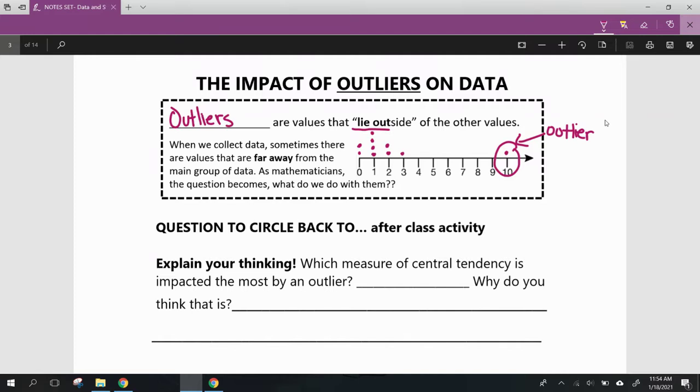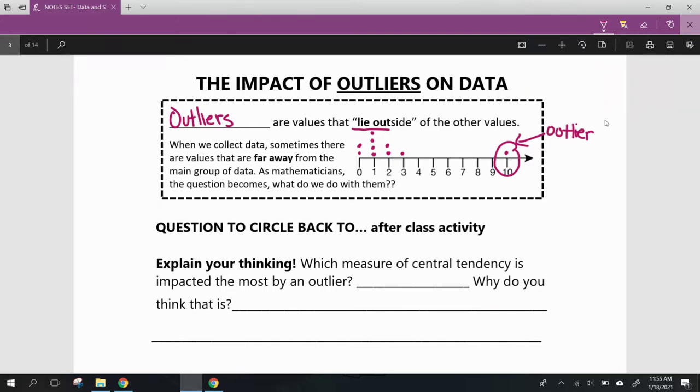So let's think about it, right? Our outlier is the one that is far away from our data. It becomes either the highest number by a lot in our data, or sometimes our outlier could be the lowest number in a data set. But again, it's far away. I want you to think about which measure of central tendency deals with our highest and our lowest number.